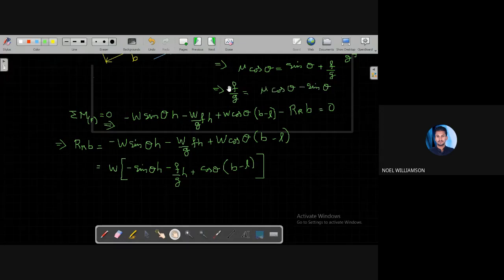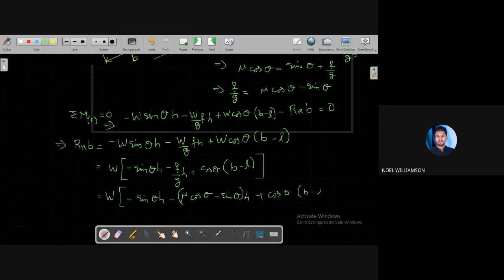So you can substitute this value here and you will get this as W into minus sin theta h minus, instead of F by g we write this equation, mu cos theta minus sin theta in bracket, into h, plus cos theta into b minus l.